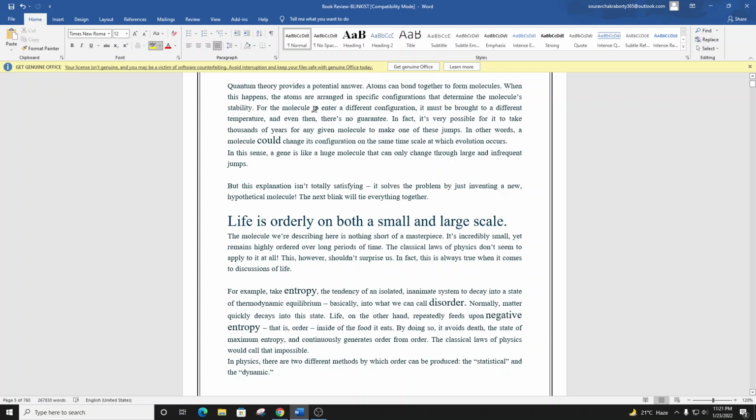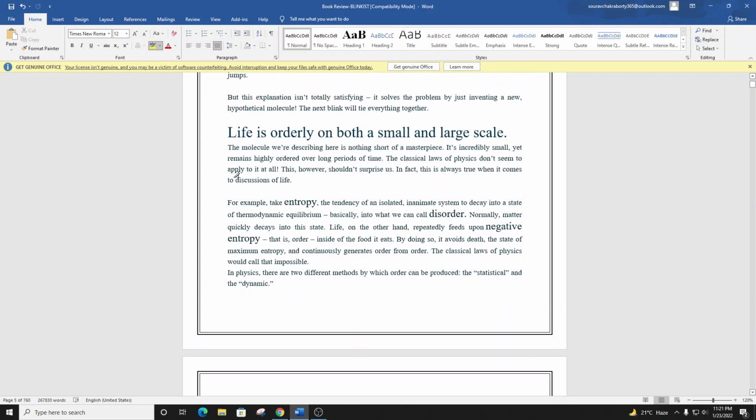For the molecule to enter a different configuration, it must be brought to a different temperature, and even then, there's no guarantee. In fact, it's very possible for it to take thousands of years for any given molecule to make one of these jumps. In other words, a molecule could change its configuration on the same timescale at which evolution occurs. In this sense, a gene is like a huge molecule that can only change through large and infrequent jumps.